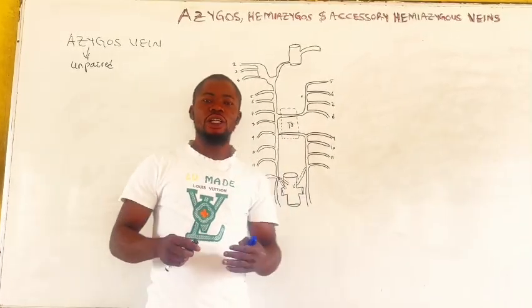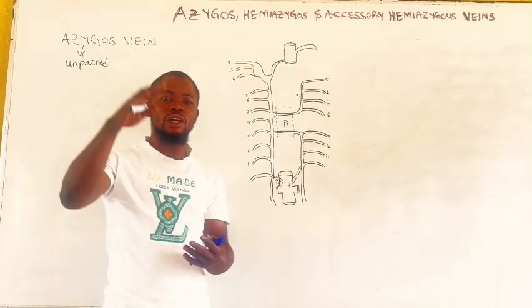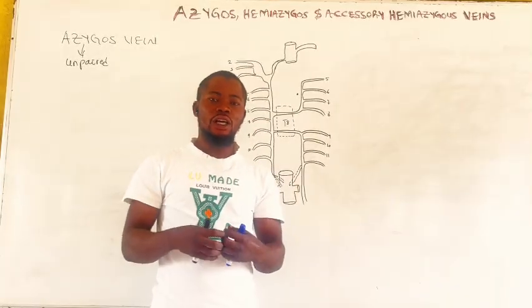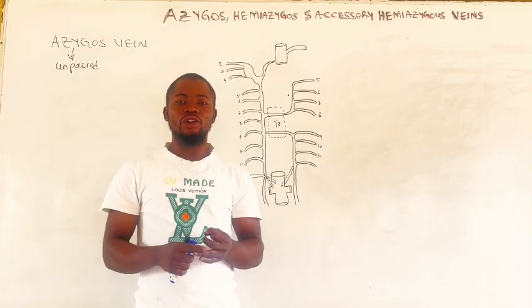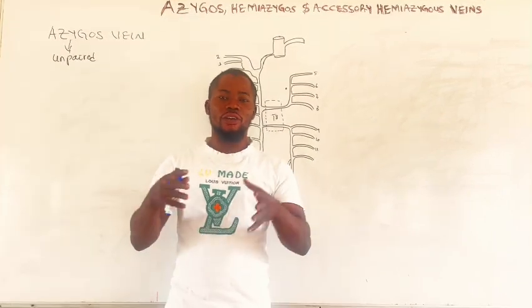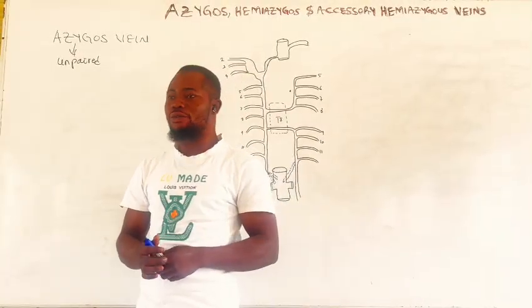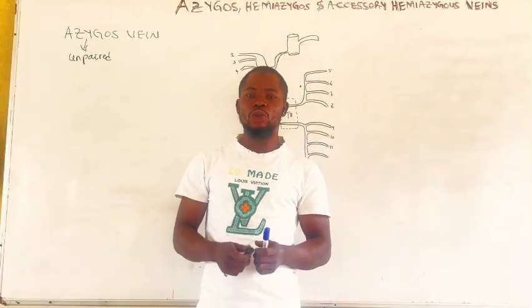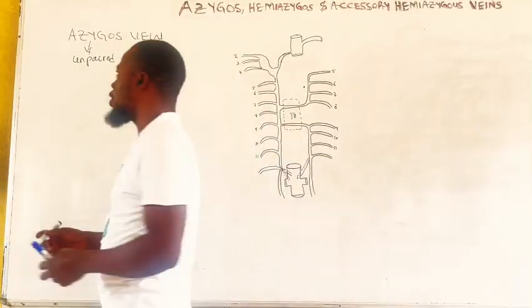In addition, it serves as a means of connection between the superior and inferior vena cava. It also connects the vertebral venous system, the portal venous system, and the caval venous system, all three together. That is a short introduction to the azygos vein. Next will be the formation of the azygos vein.